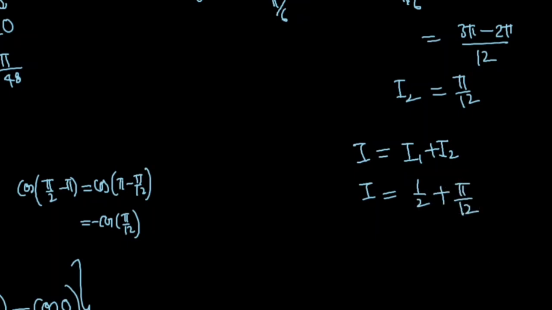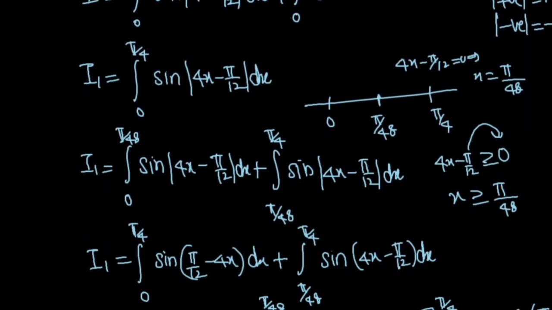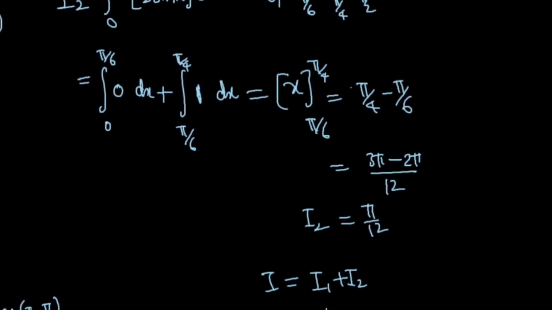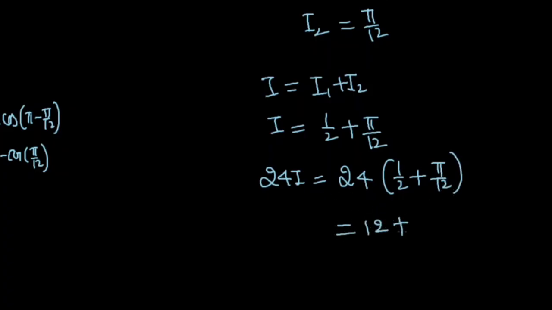But the question asks for 24 times I. So 24 times I is 24 multiplied inside 1 by 2 plus pi by 12. I'll get 12 plus 2 pi.